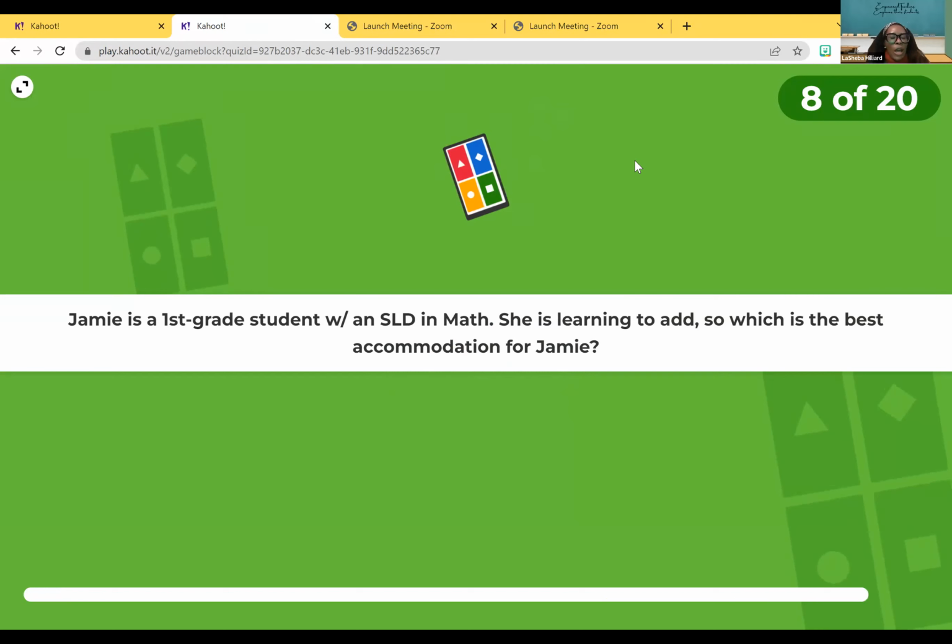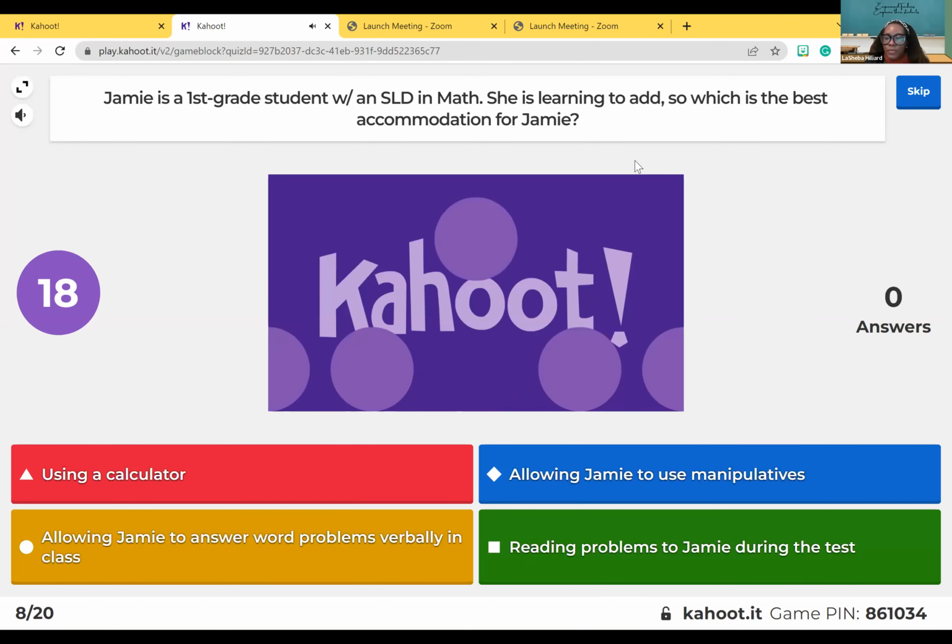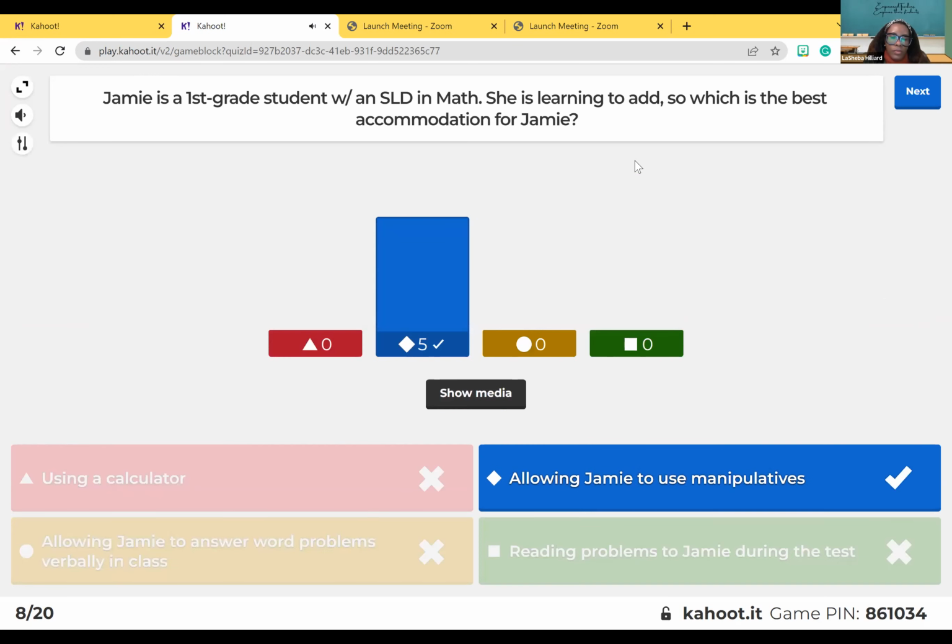So what will be the best accommodation for her? Yes, using manipulatives, right? We need to make sure that she understands, that she has certain concrete strategies to help her build her skills in elementary school to help her in high school. Good job.